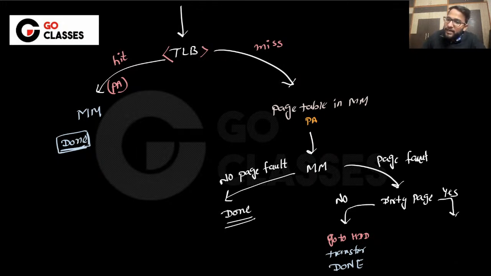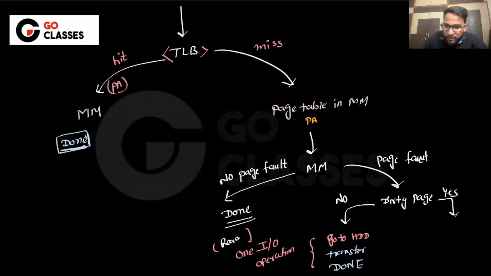If the page is dirty, then what will I do? I will write that page first. Here you have just one IO operation, which is a read operation. From secondary memory to main memory is called a read operation, because you are reading the page.